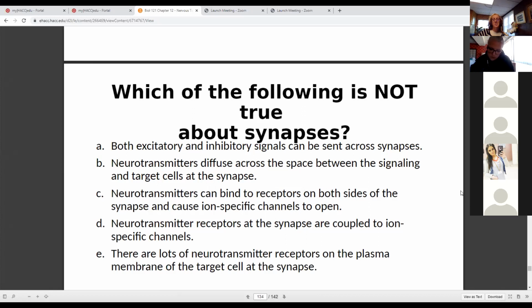Why do you think it would be C? Well, I kind of did process of elimination, but that was the closest one that seemed like an answer, but I wasn't 100% sure. You're really, really close. But can a neurotransmitter bind to both sides of the synapse? Not both sides. So look at the other choices and what's another option that wouldn't include that.